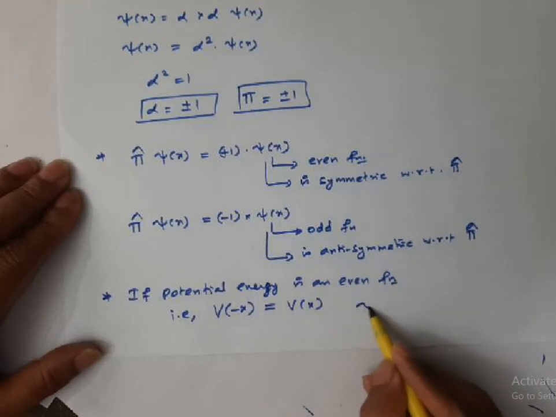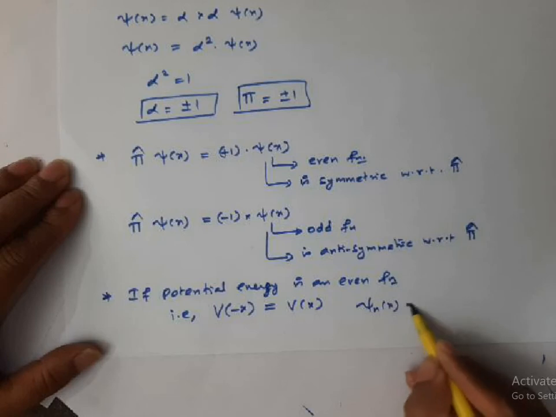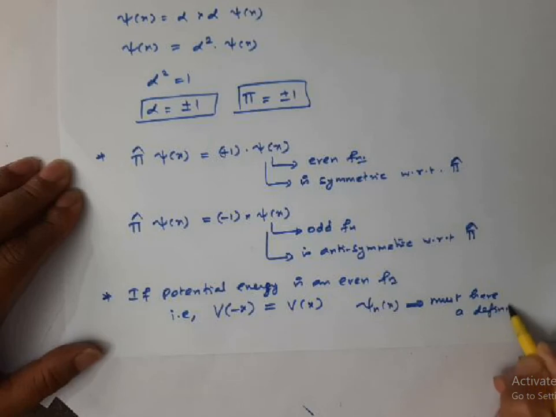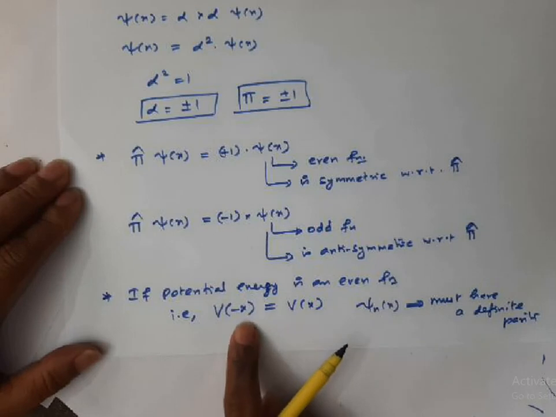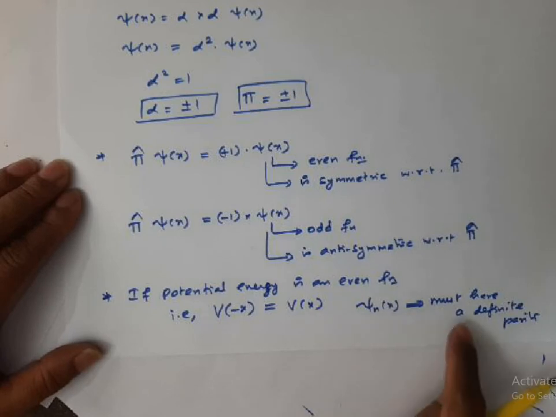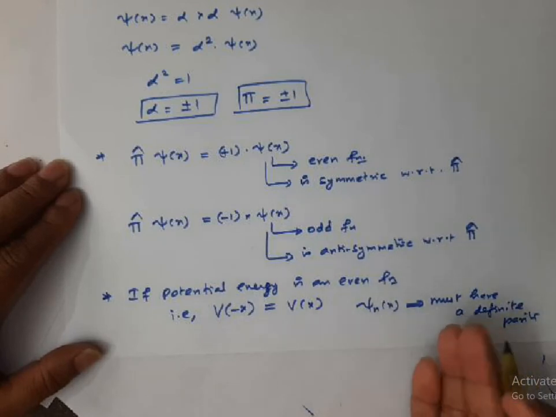If the potential energy is an even function in a system, then the wave functions psi n of x must have a definite parity. Very, very important. Whenever the potential energy is an even function, the wave functions representing the states must have a definite parity, either odd or even.